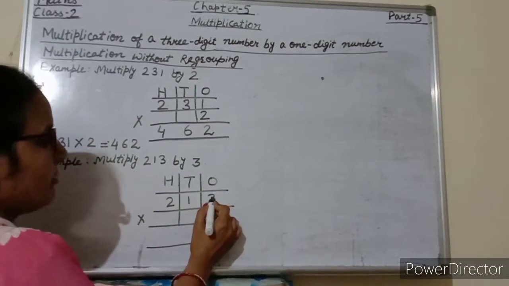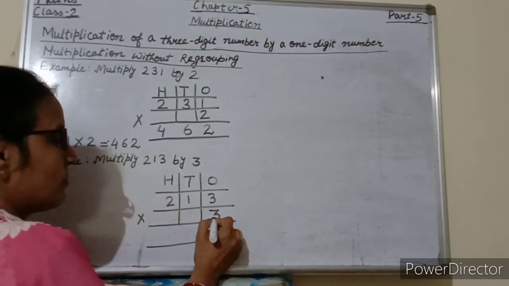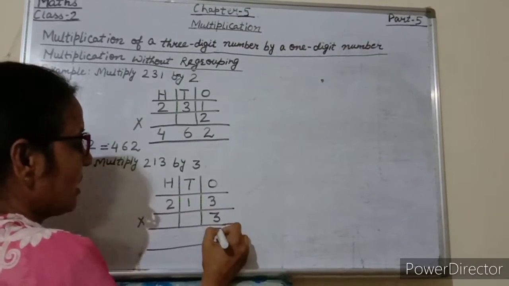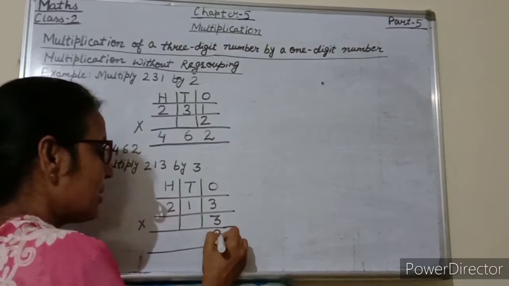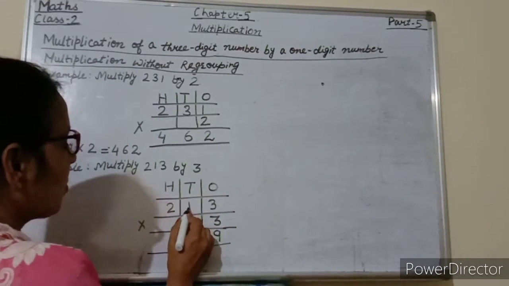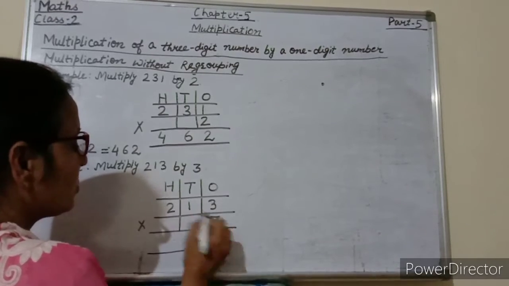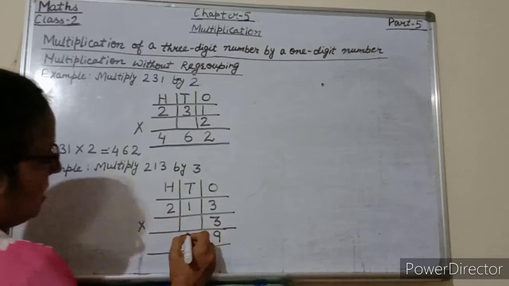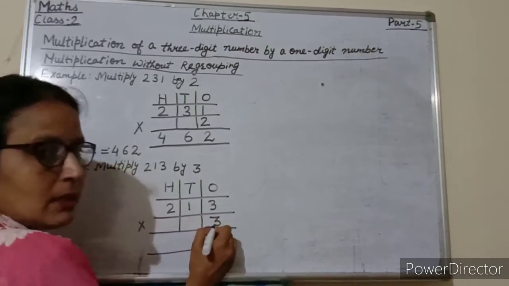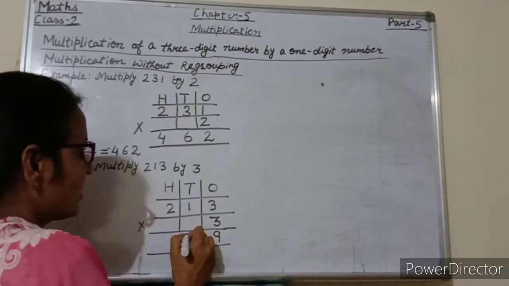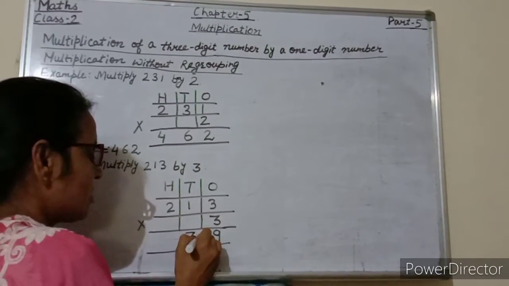3 ones into 3. So 3 ones into 3, 3 threes are 9. So we will write 9 under the ones column. Again come to the next, 1 ten into 3. 1 three is 3, so 1 into 3 means 3 tens. We will write 3 under the tens column.